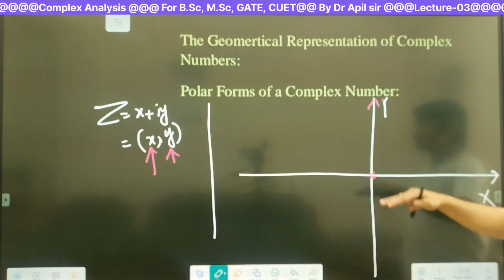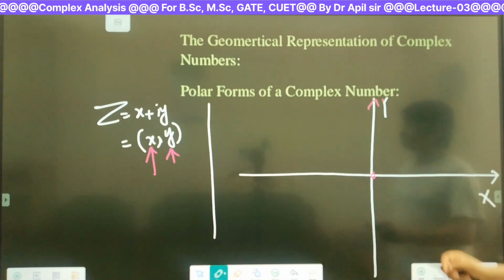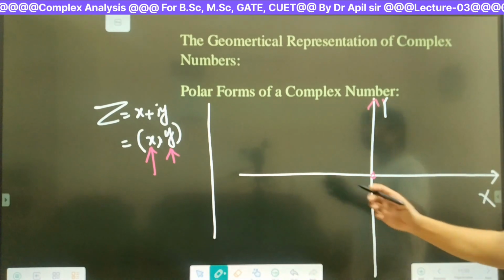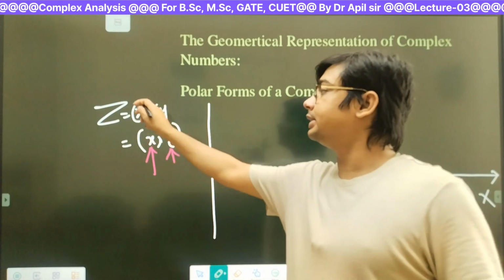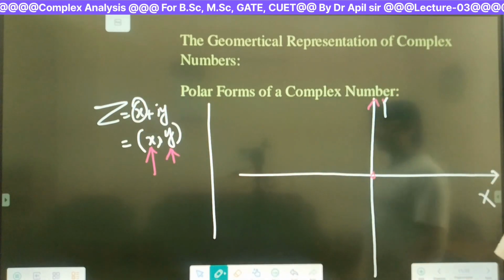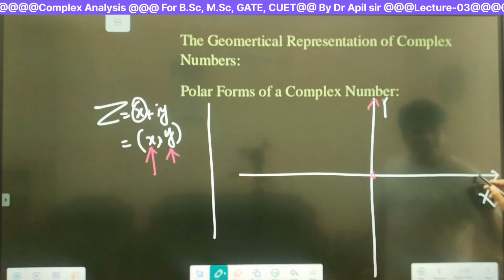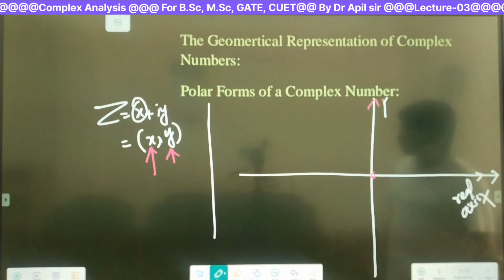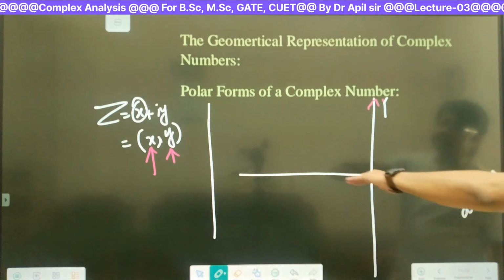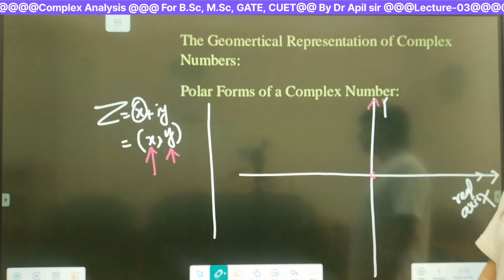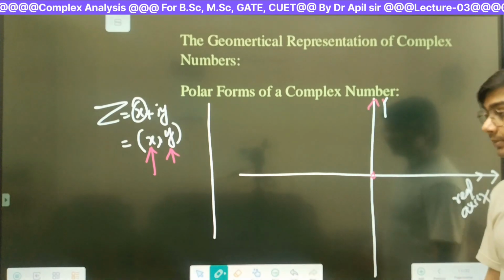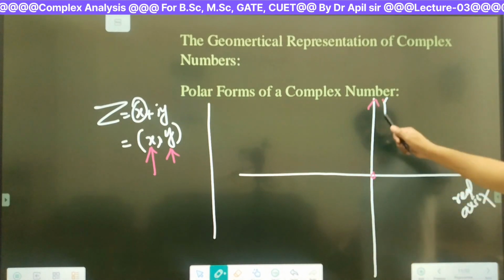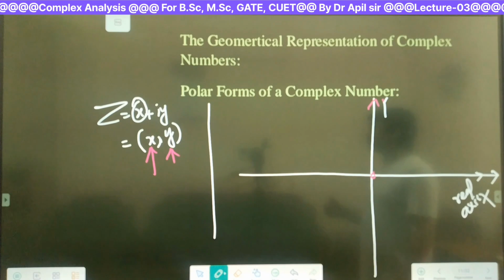So on this x-axis, if we put the real values of the complex number, that means the values of x only, the values of this real part, then this axis we call the real axis. Why do we call it the real axis? Because on this horizontal line I will put the real part of this complex number, and similarly on this y-axis I will put the imaginary part of this complex number.